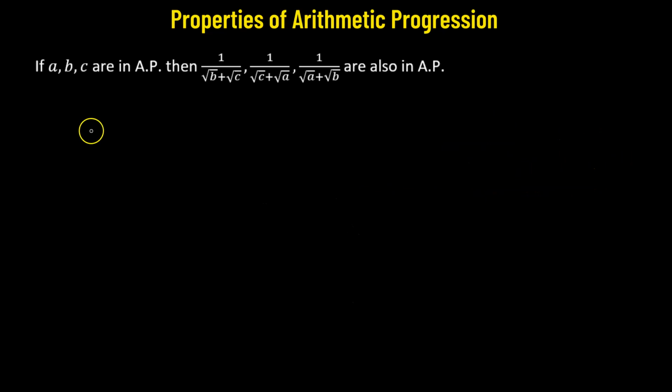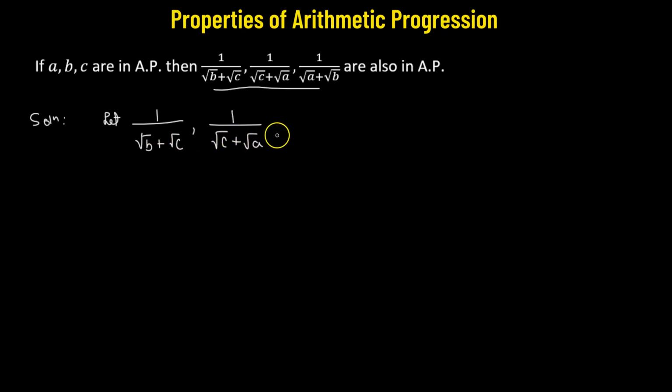So problem number 4. We have to show that these three numbers are in arithmetic progression. Let's begin. We'll begin by considering that these three numbers, 1 over square root of b plus square root of c, the second term, 1 over square root of c plus square root of a, and the third term, 1 over square root of a plus square root of b, are in AP.